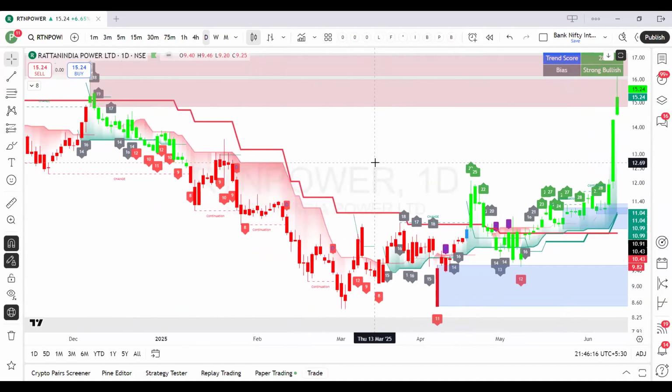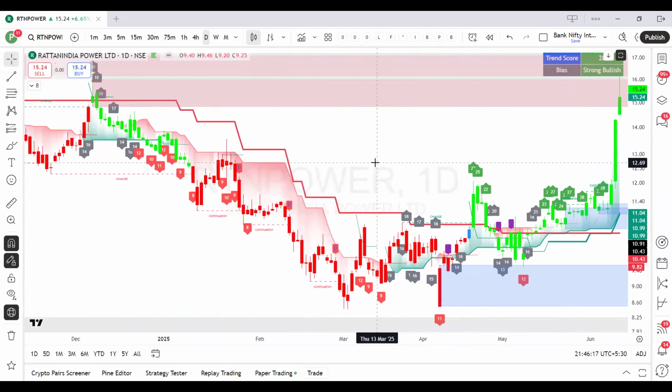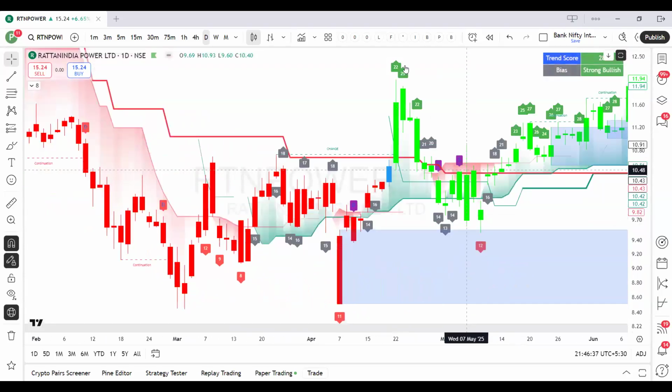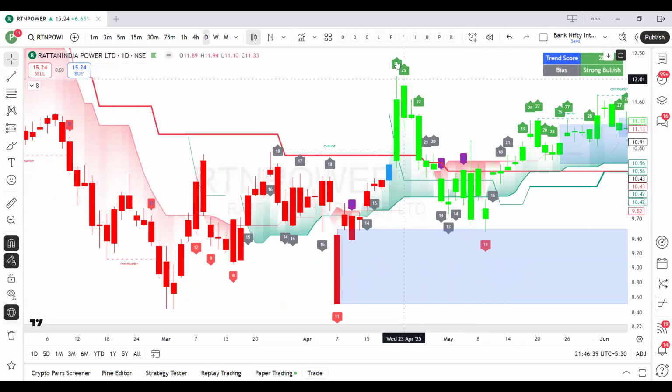So based on different price action I have watched, when the color changes to green but the number is less than 18, color changes on TRT to green but the number is less than 18, then it has a higher chance of failure. Here the number is more than 23, 22. It is 22. Color is green and it is 22.